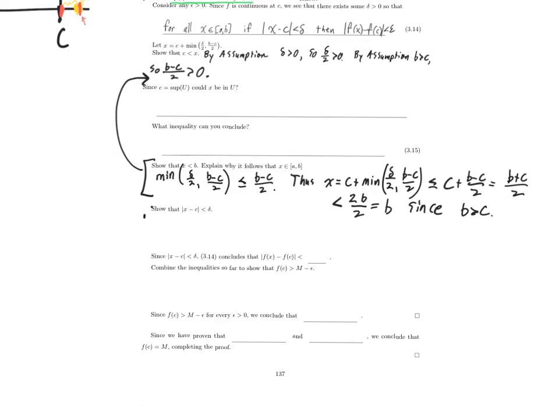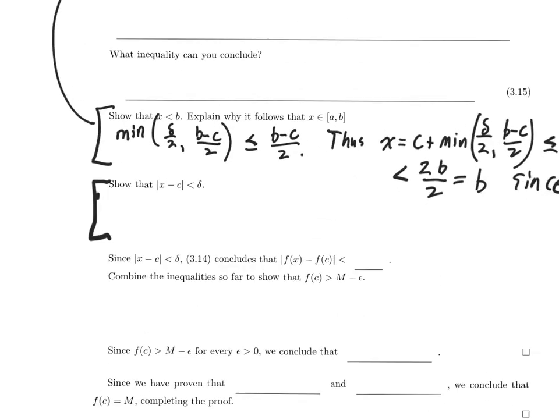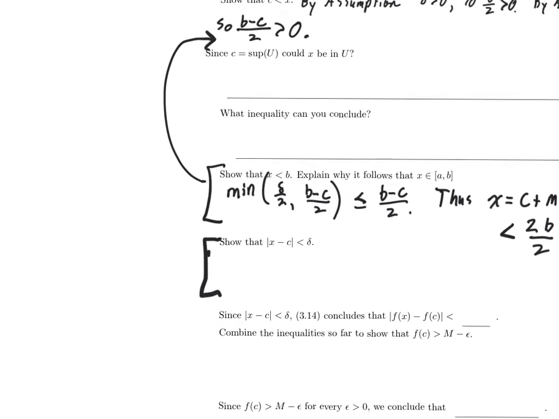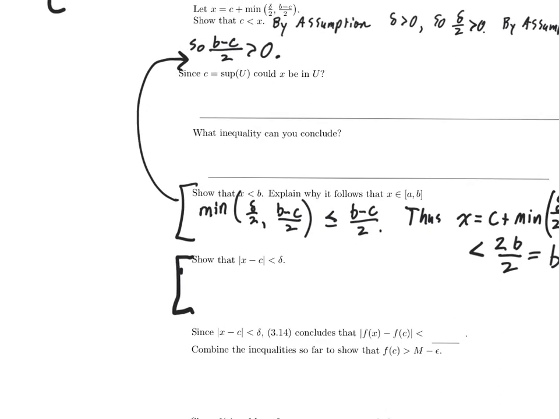And you know what? Let's go ahead and check this also. The absolute value of x minus c is less than delta, though that, again, is pretty obvious. So right now, I certainly have c is less than x, because x is c plus something positive.